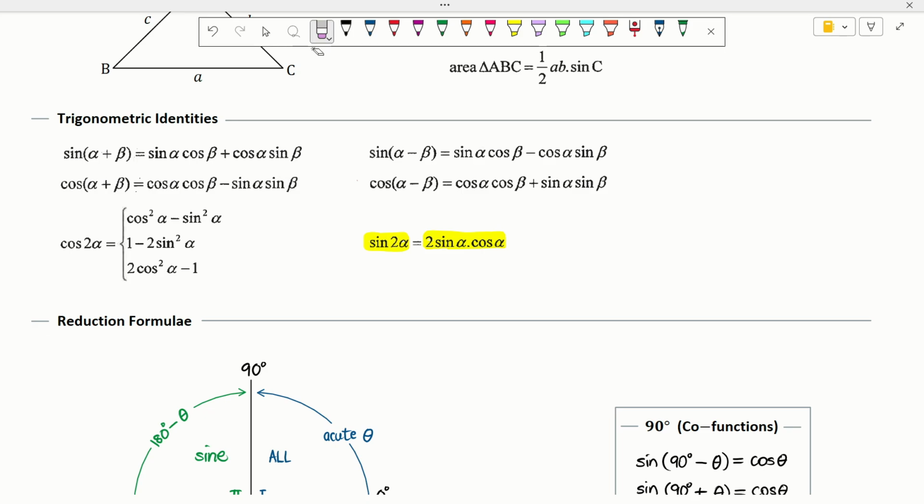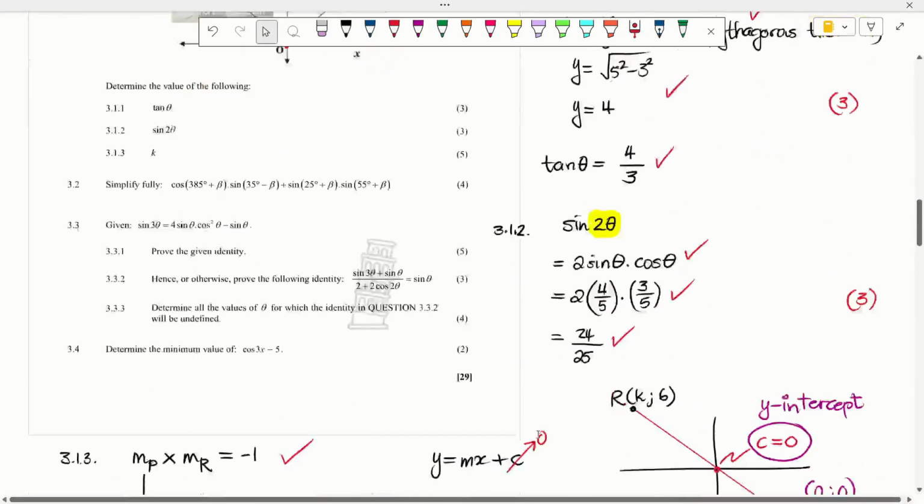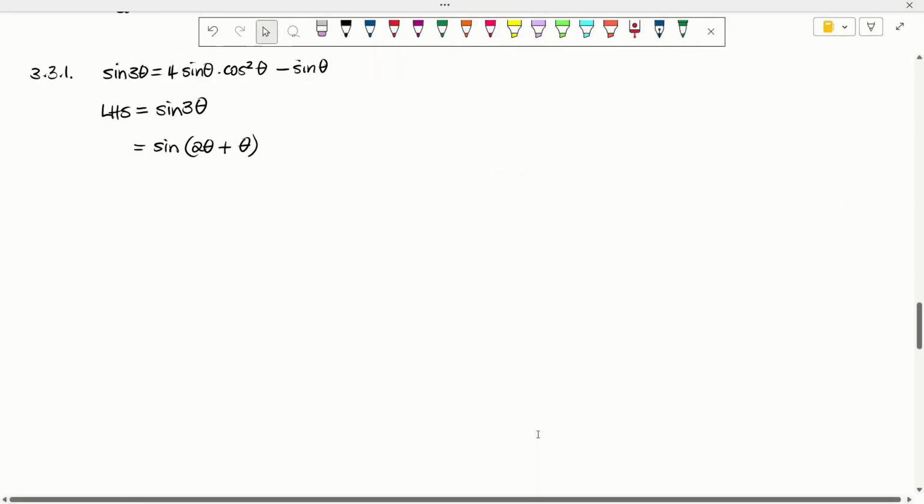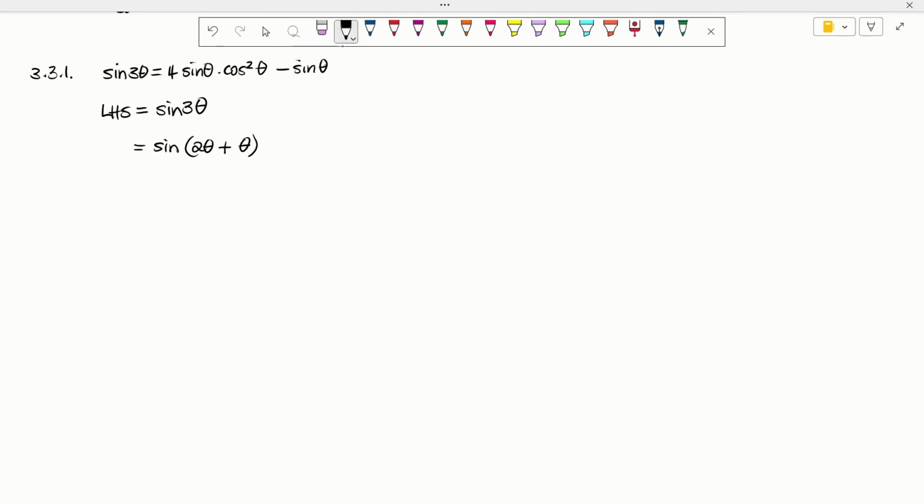Okay, so that's an identity itself. So I'm going to say, okay, this is sine 2 theta cos theta plus cos 2 theta sine theta. That's what the identity says.